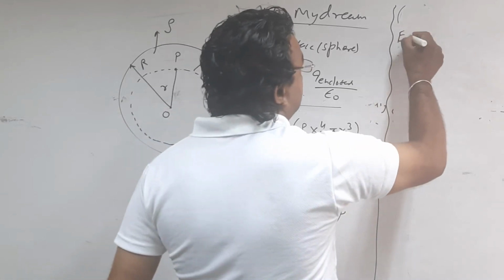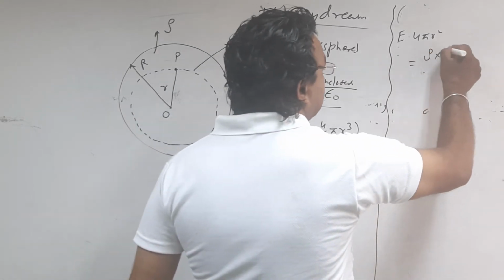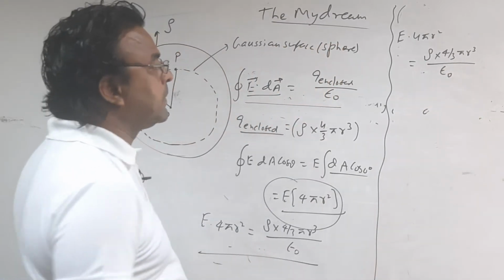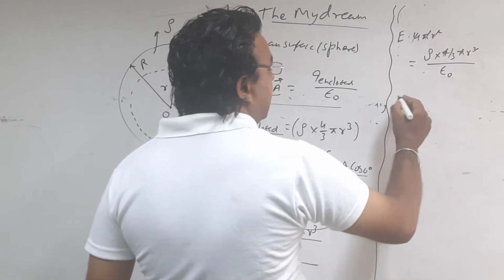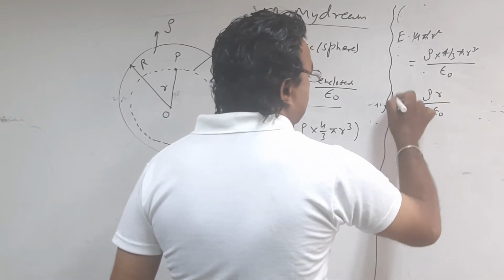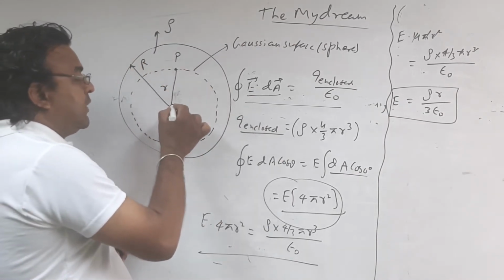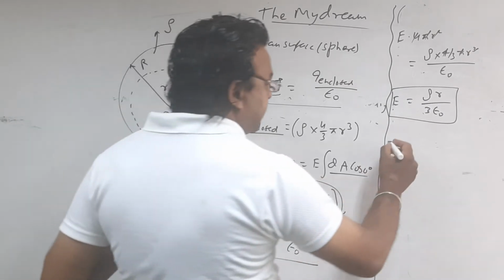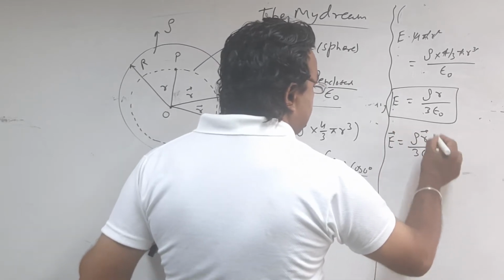Now here if I solve it, look, 4 pi cancelled, r square to r square cancelled, and now I have rho r upon 3 epsilon naught. In vector form, the electric field will be always along this vector r. So I can write in vector form E is equal to rho r vector upon 3 epsilon naught.